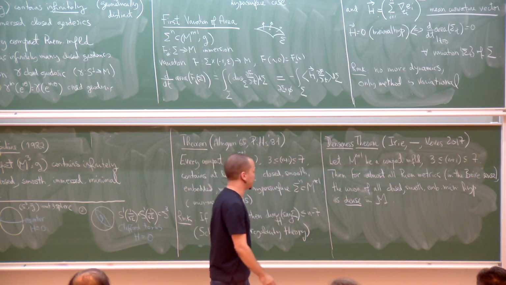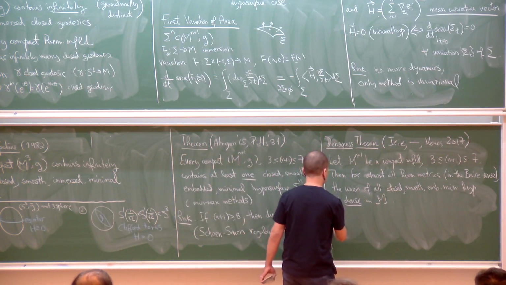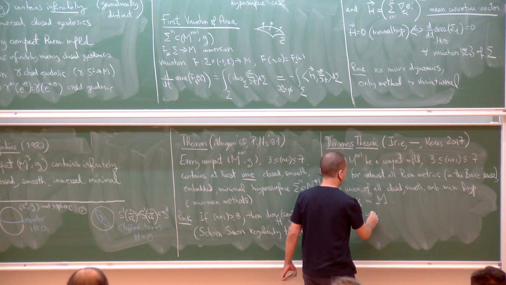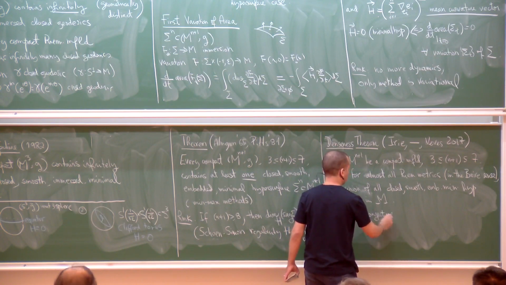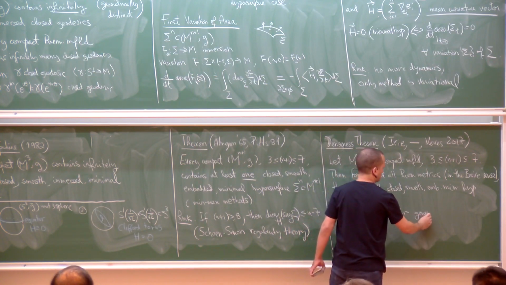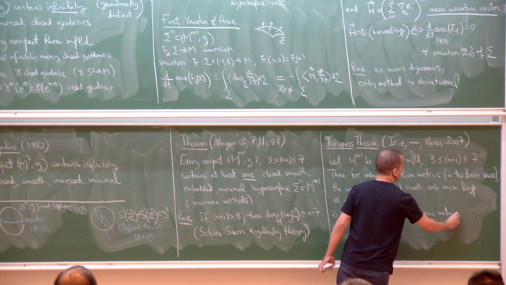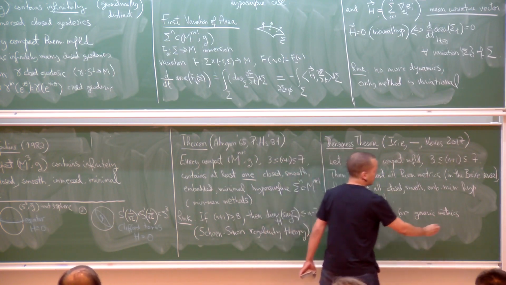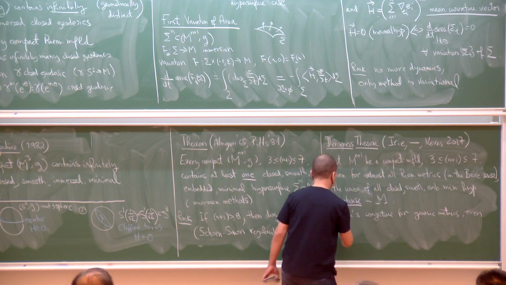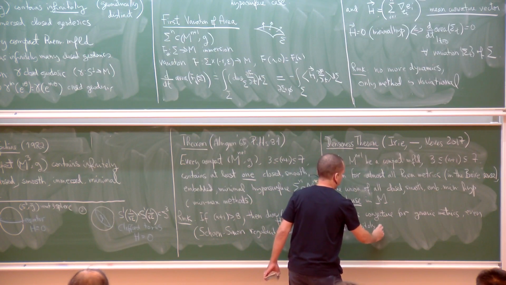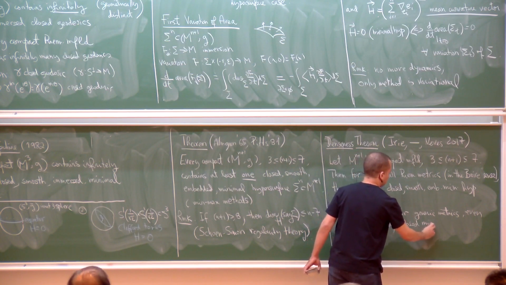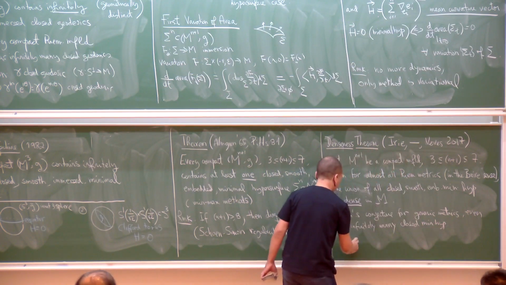Okay, so this actually implies Yau's conjecture for generic metrics, by proving this much stronger property. So in particular, we get that there exist infinitely many closed minimal hypersurfaces intersecting any given ball in the manifold.